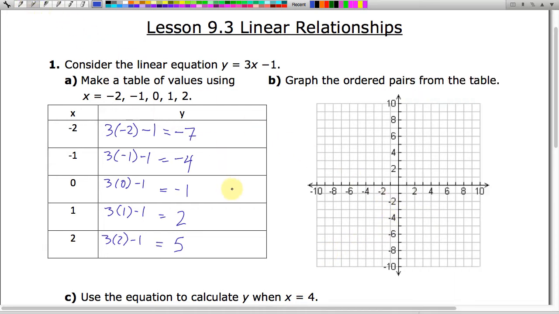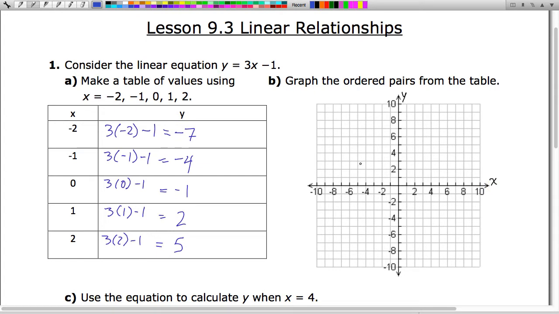So now from here we want to plot these points on the grid. And so let me just first of all label this is the y-axis, this is the x-axis. And now we can put our points on. So the first point we've got is -2, -7. So that's 2 left and down 7.